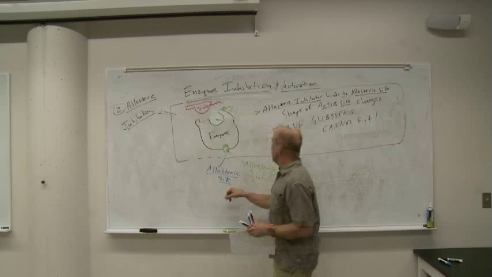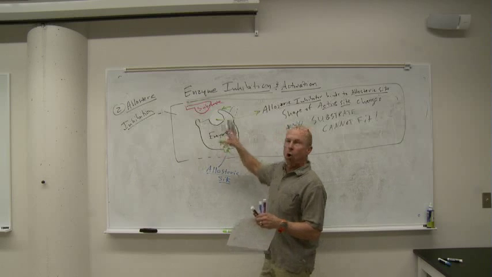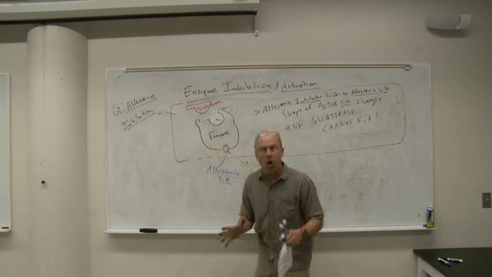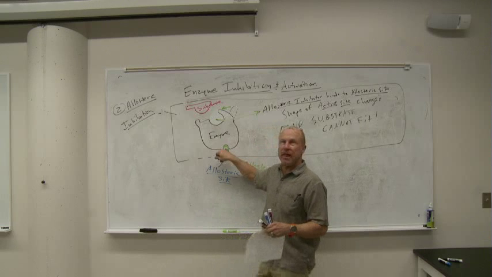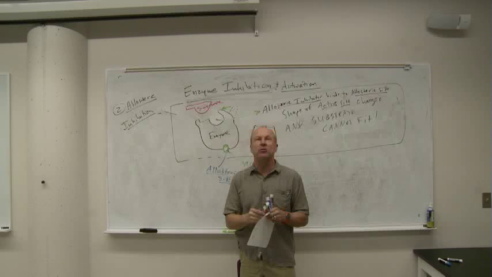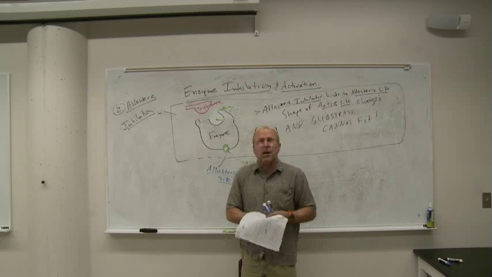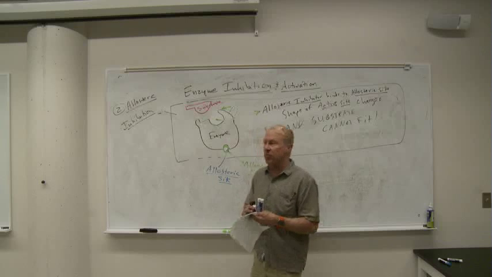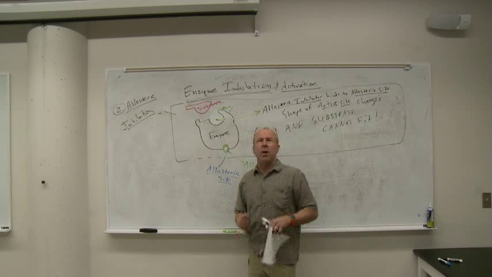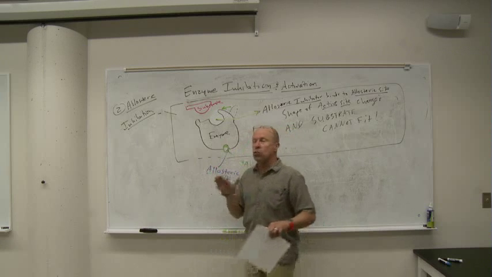The other one is the allosteric site, where another product is going to change the whole shape of the enzyme and make it non-functioning, because as long as it's bound to this allosteric site, it can no longer bind the substrate because the pocket has changed. So those are the ways that enzymes can be controlled, at least on a very graphic and big-time level. There's a whole bunch of other ways as well, and it's just scratching the deep and awesome surface of cellular biology. So this is where we'll close this lecture.